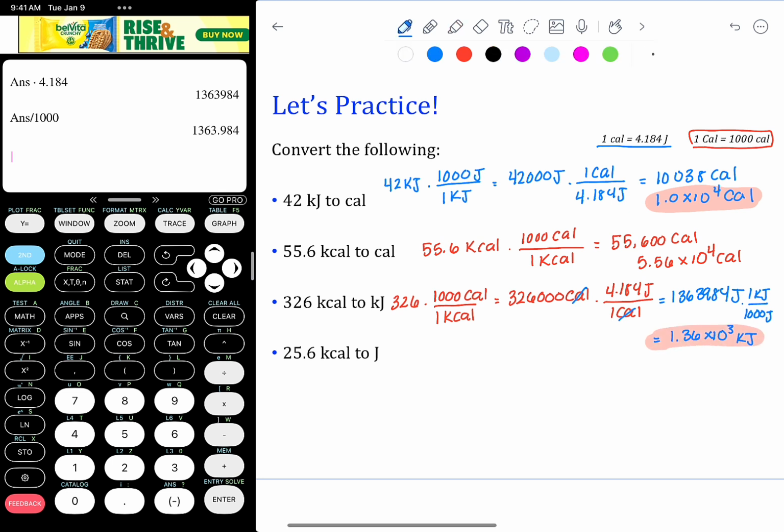Okay, and for the last one, we're taking similar steps as our previous problem, but we're stopping at joules. So we're going to take that 25.6 kilocalories, multiply it by 1,000, and once we have calories, we can convert it to joules.